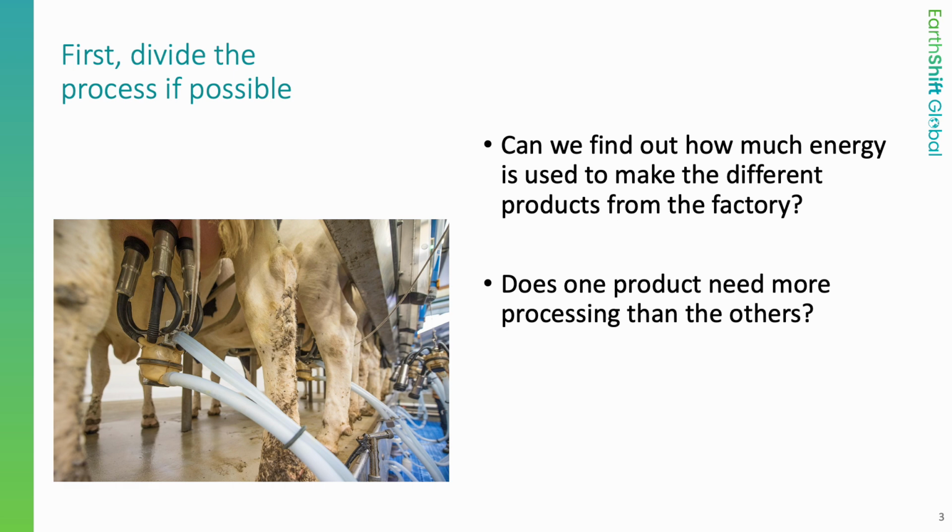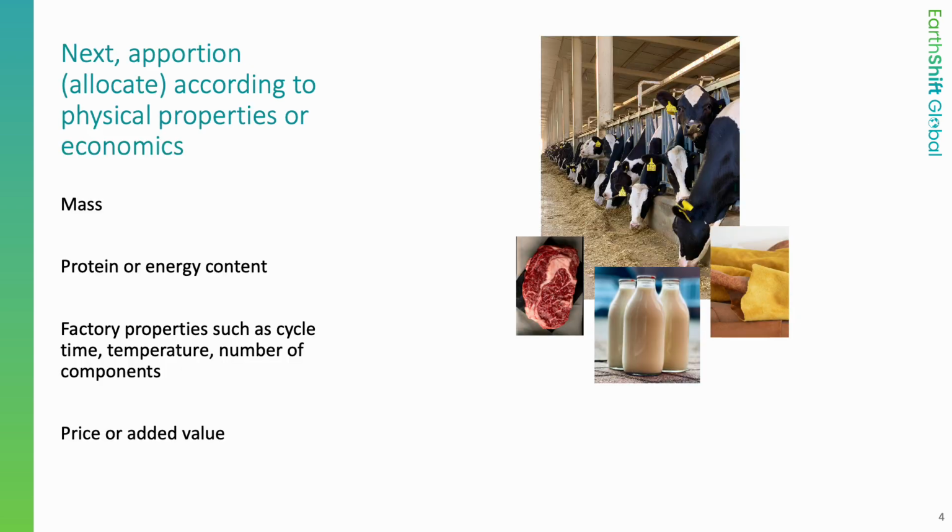Often we only have one number for all our factory, especially when we're starting off. So we may just allocate in a different way. We might allocate then based on mass. For example, if we're injection molding different pieces, we might allocate our factory energy based on mass.